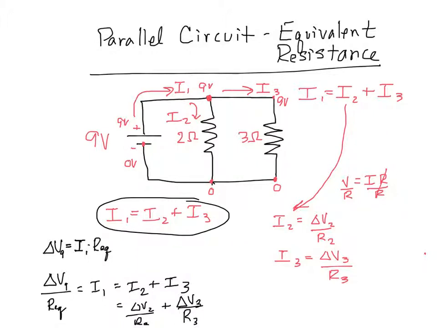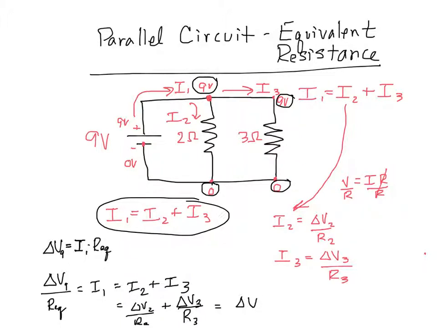I'm going to take this, I can stay on this page right here. And I know that delta V2 and delta V3, the voltage across those two branches, are all 9 volts, from 9 down to these zeros down here. So I can factor out the delta V.